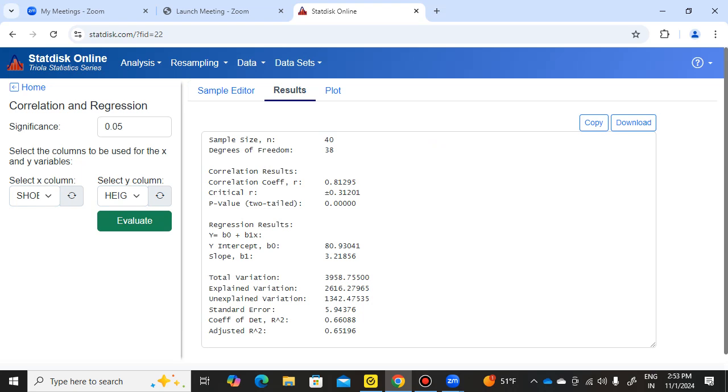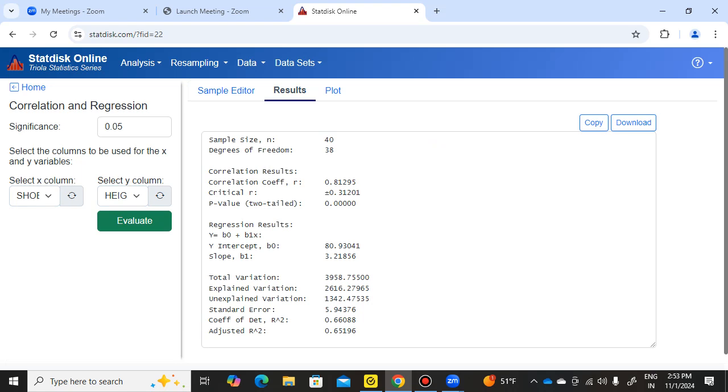And we get the fact that we have a p-value of 0 and a correlation coefficient of 0.812. So R is 0.812, which is going to be greater than 0.312.